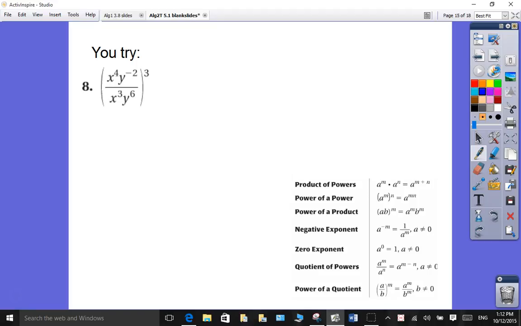So which property of exponents did you do first? The power of a quotient? Did anybody do anything different? I mean, this is a property of exponents, so it would be fine to use. Why not instead, before you start distributing that to the 3rd power inside, what's x to the 4th over x to the 3rd?